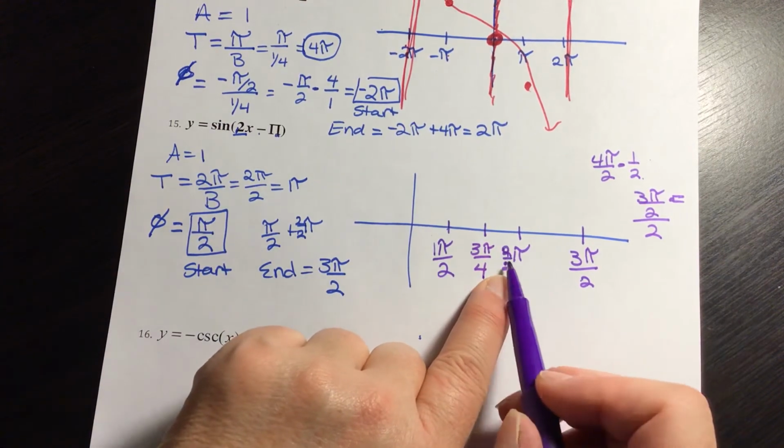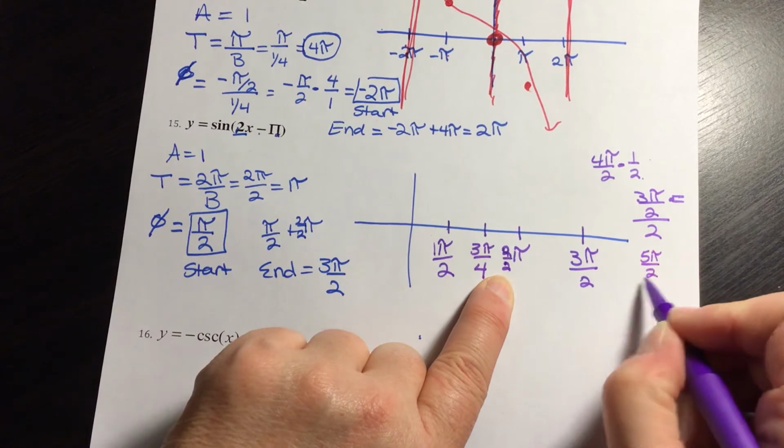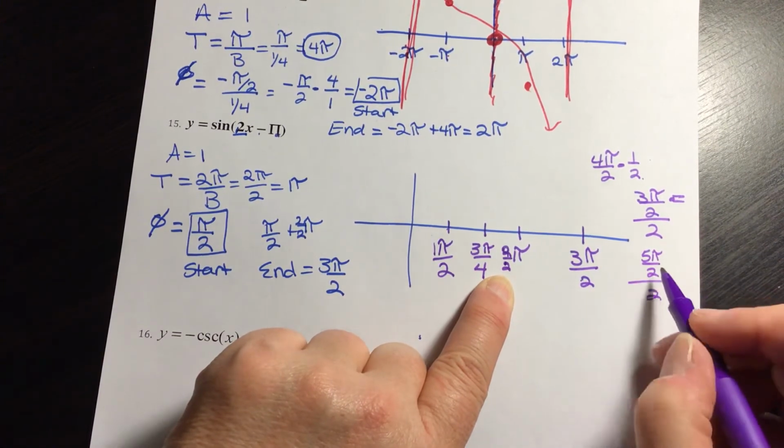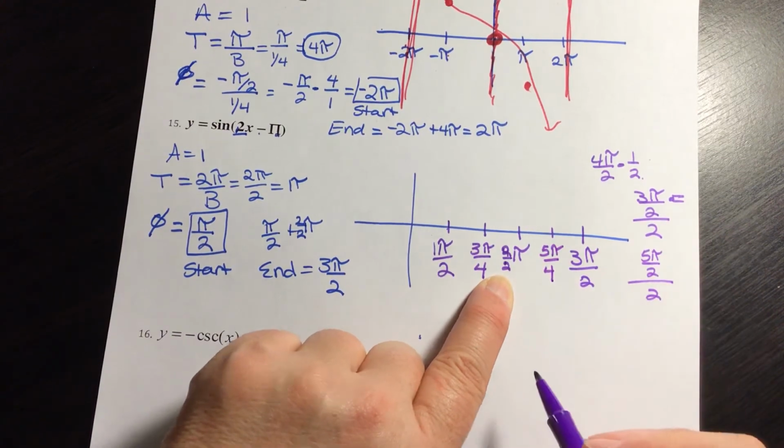This one will be 5 pi over 2 divided by 2, which is going to be 5 pi over 4.